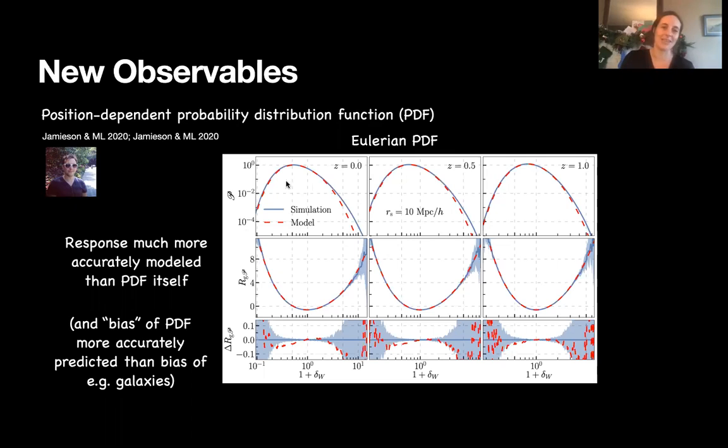If you had something that made a very different tail, the actual PDF itself, once you get to the tail, is very hard to predict. So if you saw a big tail in the PDF, you might not be sure whether that was new physics or you just had a bad model on that side, but perhaps the response is more accurately predicted. So it might be interesting to ask whether this would be a more robust observable for that case. But more work would need to be done.